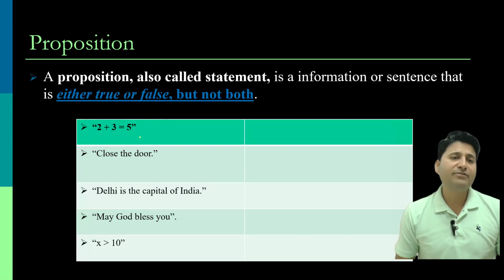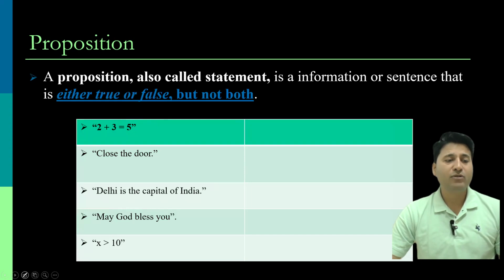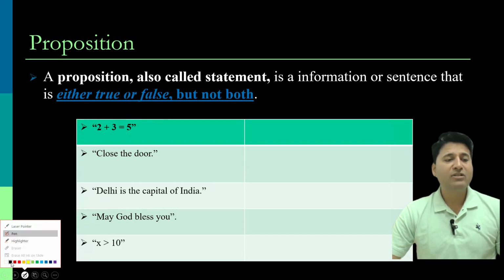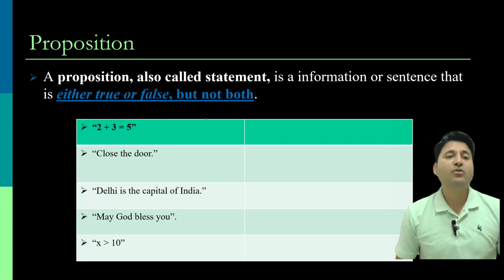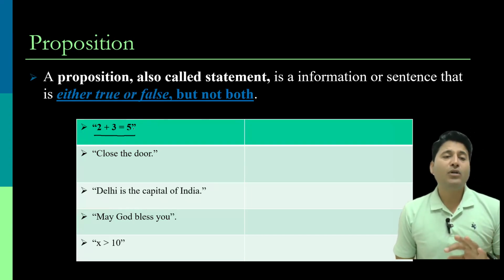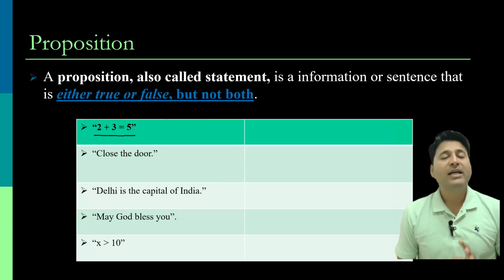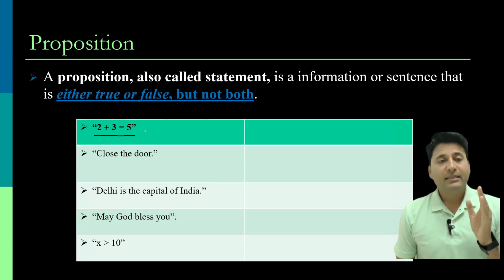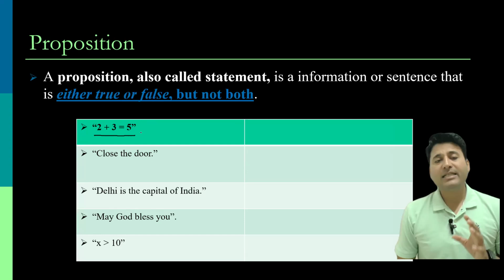The first example: 2 plus 3 equals 5. Suppose you give an input to the system which looks like 2 plus 3 equals 5. The computer will take it as a true, false, on, off, working, not working, 1, 0 scenario, if the system is able to understand it is true or false.